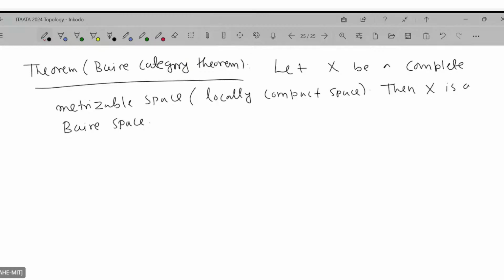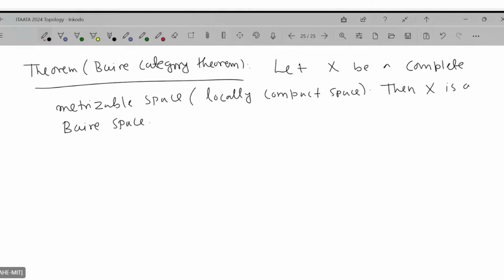In locally compact, Hausdorffness is already assumed, so X at least satisfies Hausdorffness. So then X is a Baire space. We'll prove this. This is known as the Baire category theorem.